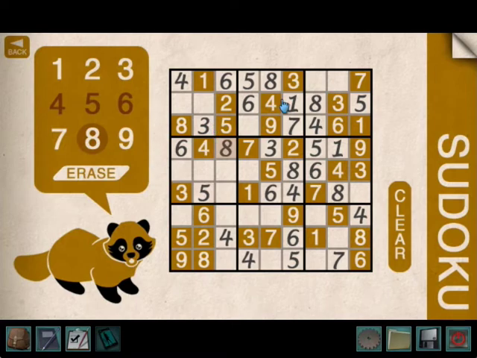There's one more we haven't done yet, isn't there? This one. And it goes there. Now, in a situation like this, we can determine that 2 goes here, because that's the only number unaccounted for.